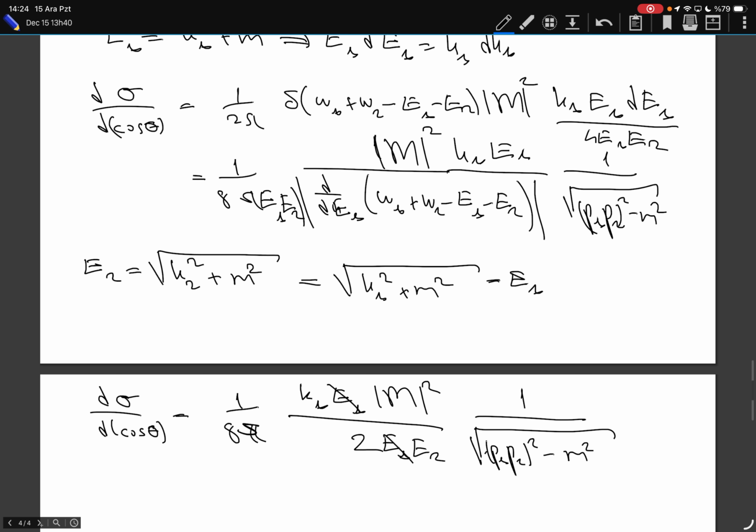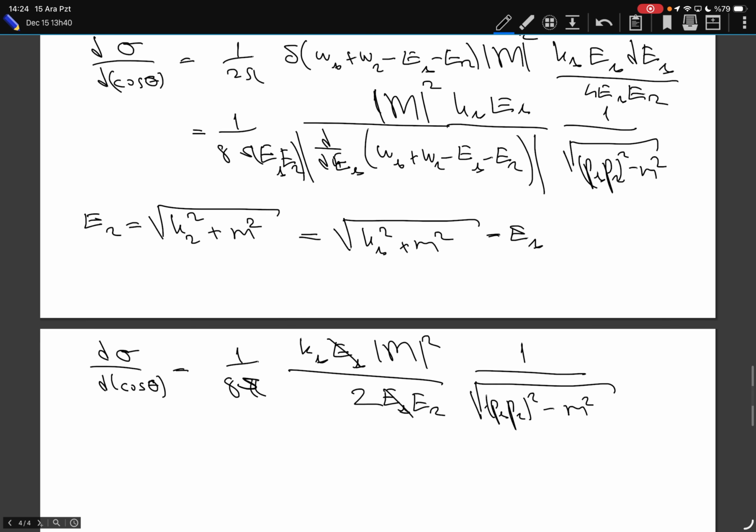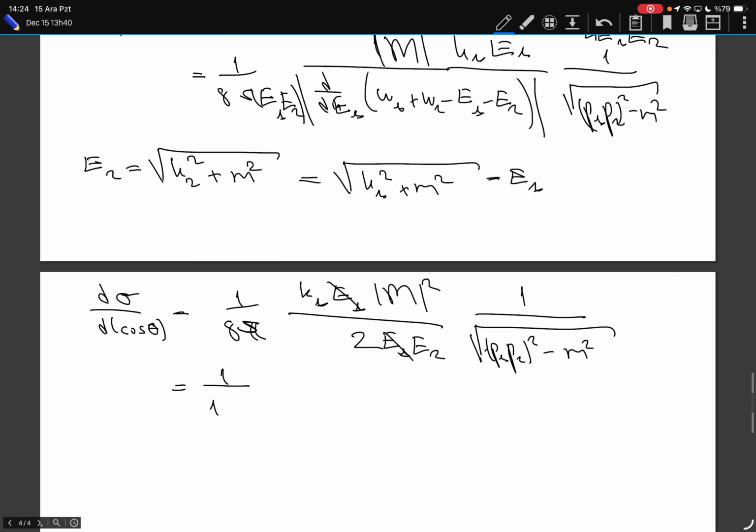Well, these E1E2s cancel. I have 1 over 16, k1 over E1, |M|² divided by this object.